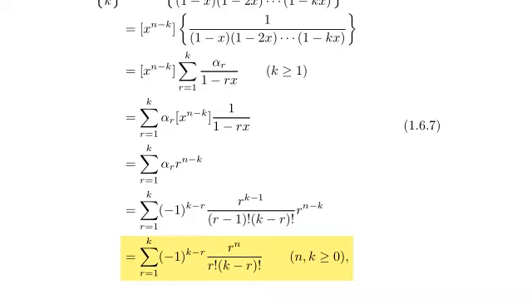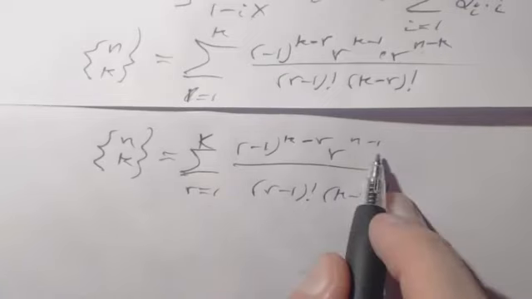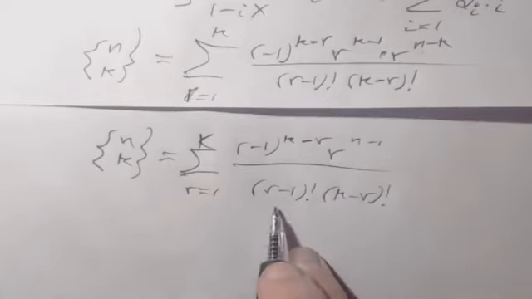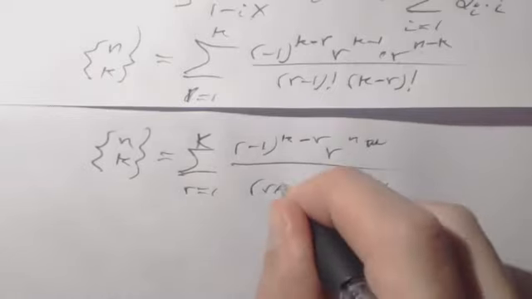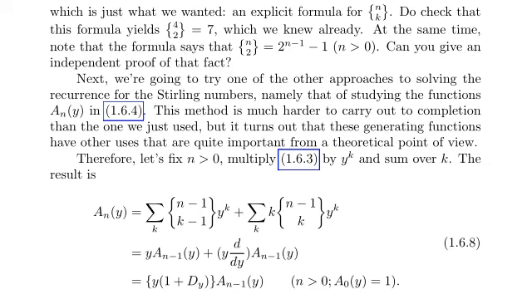They multiply the top and the bottom by another r, it seems, to get r to the n on top and an r factorial on the bottom. So if we multiply the top and bottom by an r, this becomes r to the n and this becomes r factorial. And now that appears to be the same as what they have. Yeah, it does. Okay. So that's just what we wanted, an explicit formula for n k in curly brackets.